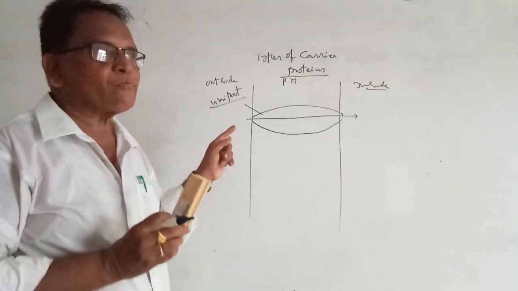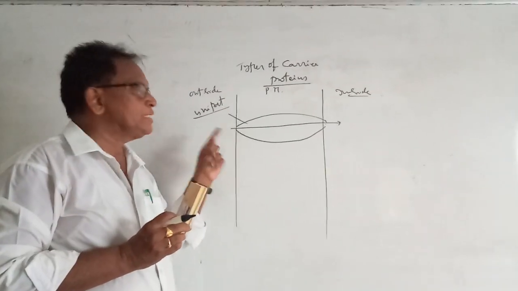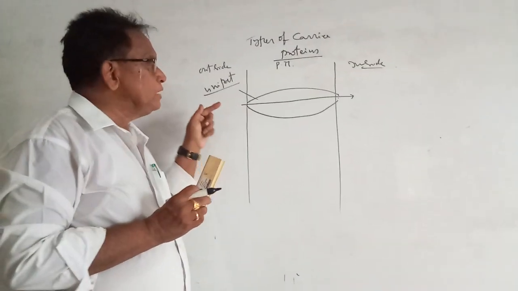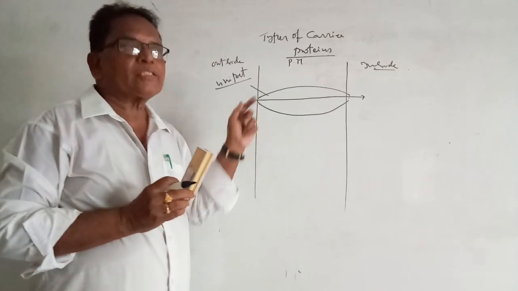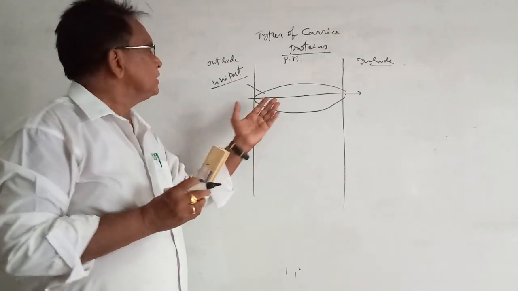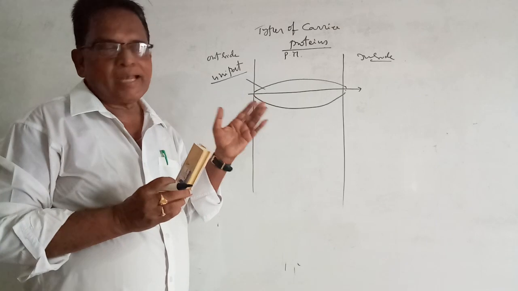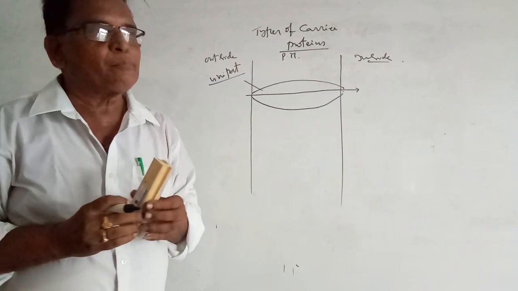So the movement of the molecule is facilitated only in one direction without the help of any other molecule. This is called uniport, and the protein is called a uniporter.